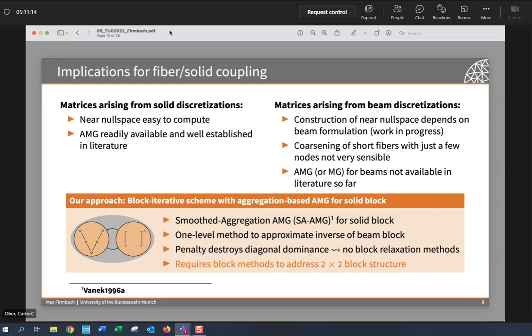If you really have short fibers embedded in a matrix material, does it make sense to do a harsh coarsening when you just have a few nodes? And the third open question is that for algebraic multigrid methods for beams, there's basically nothing in literature, so it's really state-of-the-art research that has to be done.